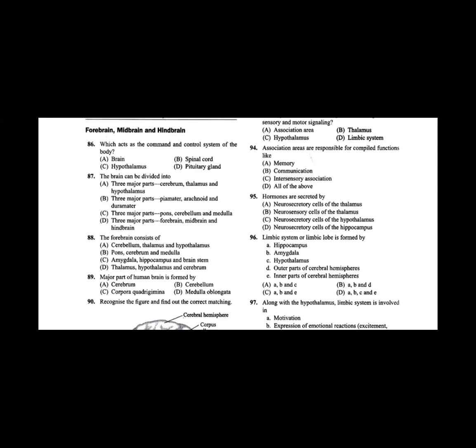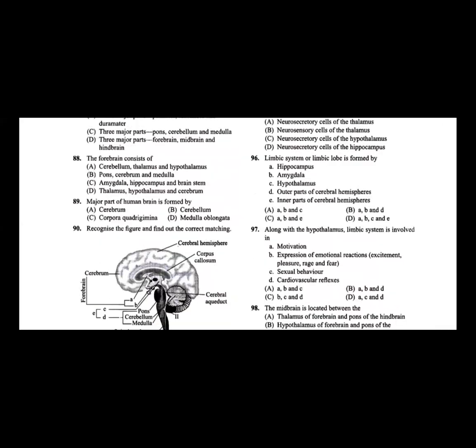Now question number 88: forebrain consists of. What structures are we going to find in the forebrain? The first option reads cerebellum, which is not a part of the forebrain, so it's wrong.